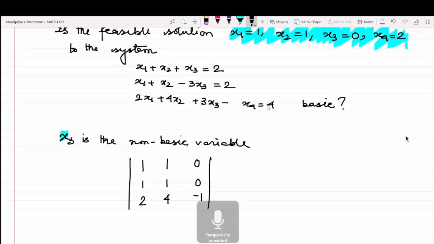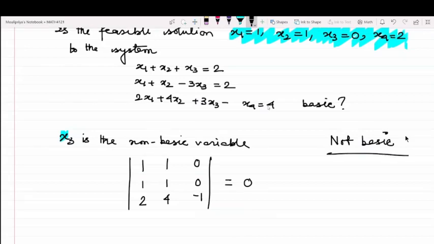The value would be 0. That implies the solution is not basic. Am I correct? Are we okay with this?